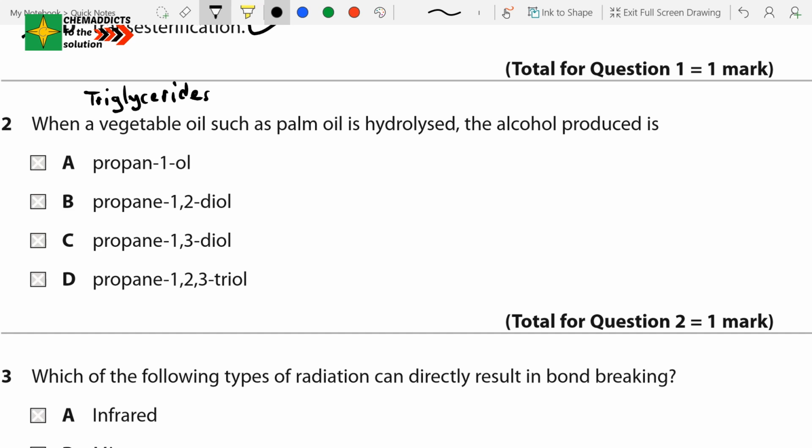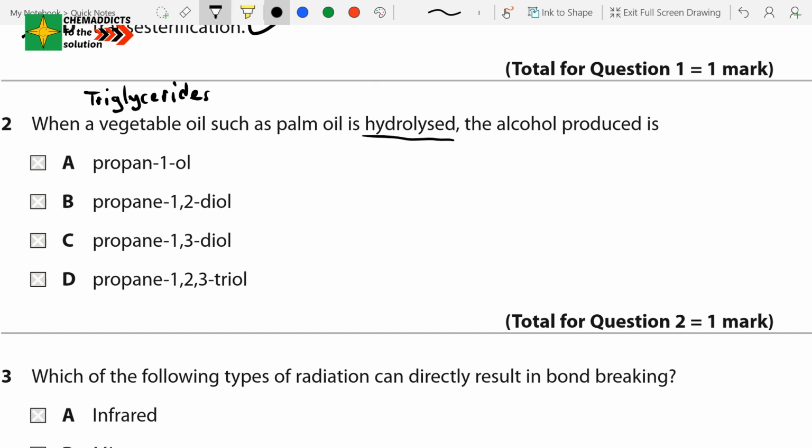So these triglycerides react with water. Hydrolyzed basically means simply breaking down with the help of water. But here we do alkaline hydrolysis.